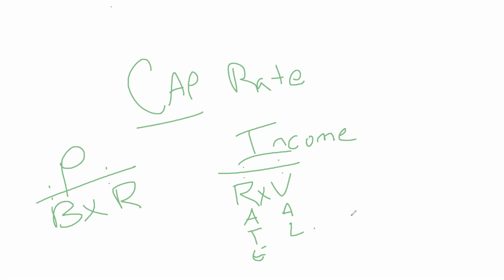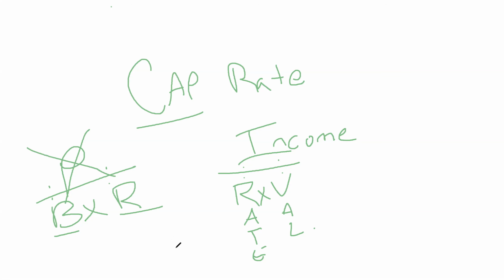So if you have a base and a rate, you're going to be multiplying. Whatever you're trying to solve for, basically you cross it out and then do the arithmetic that you see. So the only time you're going to be multiplying in a part over the base times the rate is when you have a base and a rate.